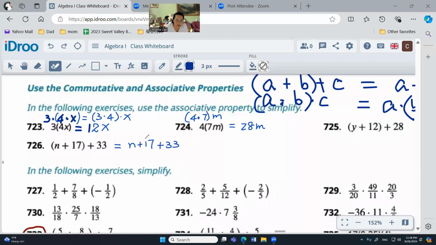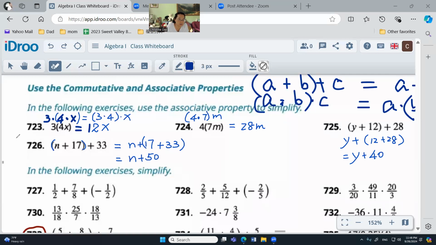You put it in the front, you put it in the back, same thing. So it's n plus 50. And then here, it will be y plus 12 and 28. So it's y plus 40. All right, fine.